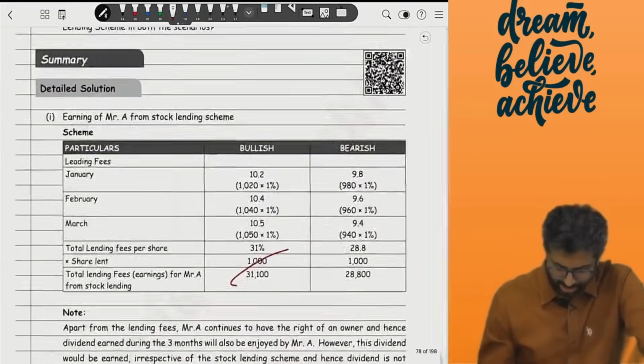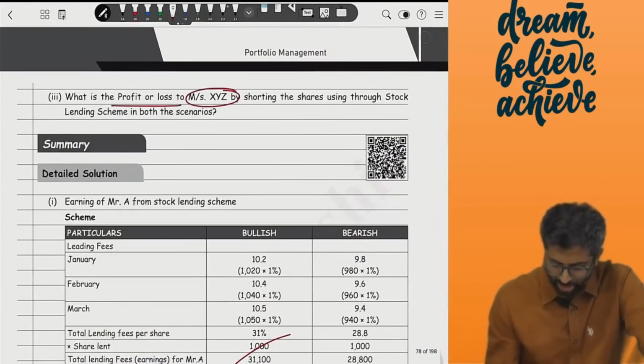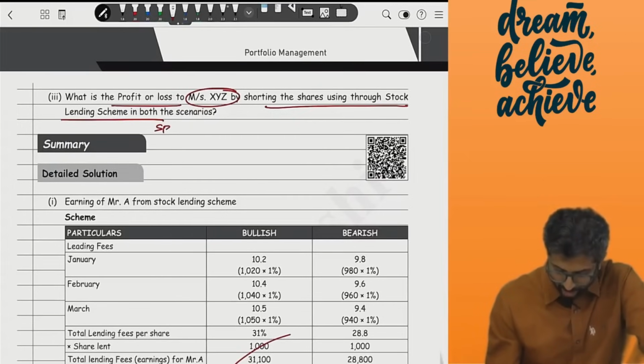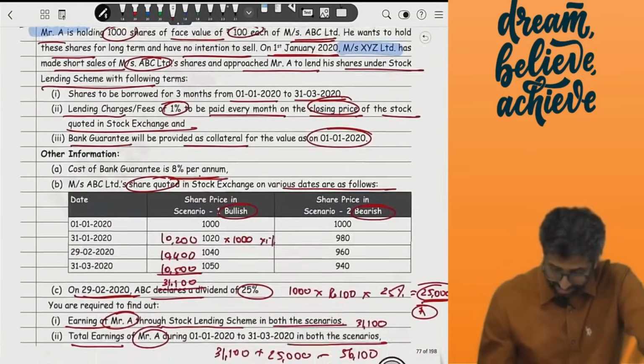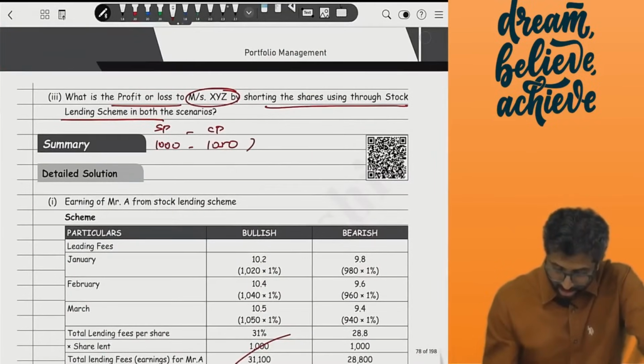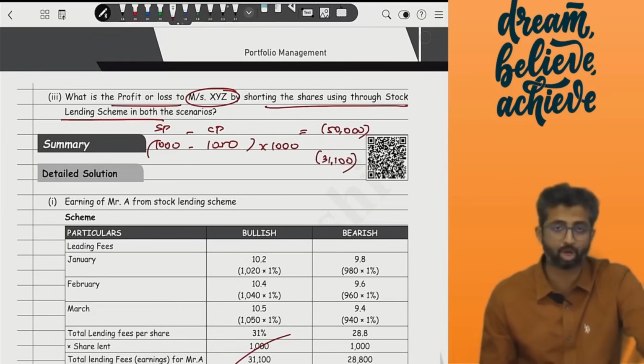And then part C says, what is the profit or loss to XYZ on shorting the shares through stock lending scheme? So in the bullish scenario, I have sold at 1,000, but I will have to buy it when the price becomes 1050. The price is actually increasing, and hence there is a loss of 50 for each share, and there are 1000 such shares. There's a 50,000 loss. Over and above that, I also have to pay 31,100 as part of the stock lending cost.